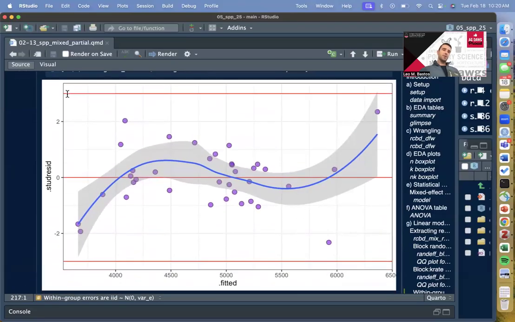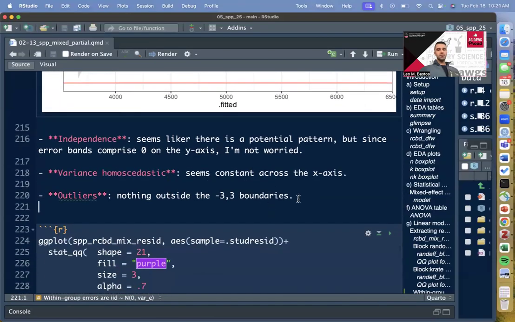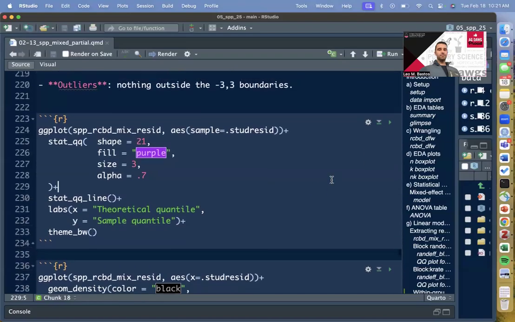Also, I was telling you that we use the studentized or any form of normalized residuals, especially for checking the outliers, because then we can have the -3 and 3 thresholds to look at. So it doesn't seem like there's anything wrong here.